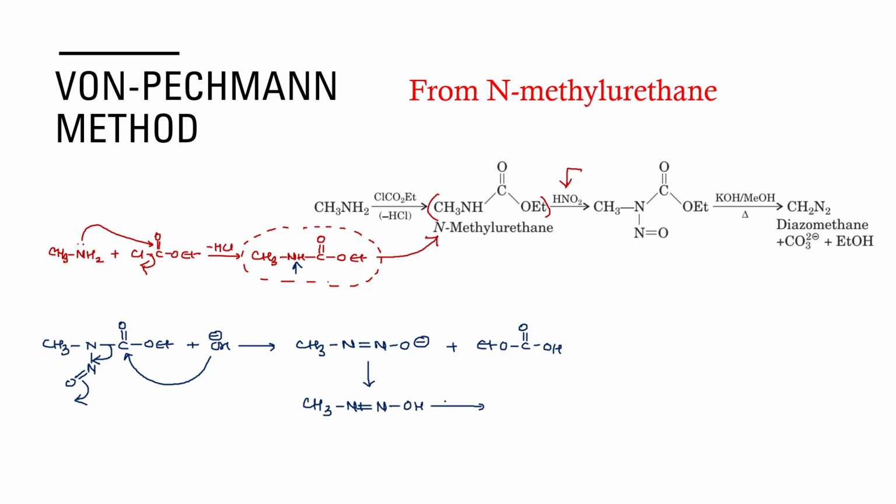and then OH minus would react in this manner to create a CH2 minus double bond NOH. This will come over here, this will come over here, this will go out. Eventually you will be left with something like this, CH2 double bond N, or you can do it like this.